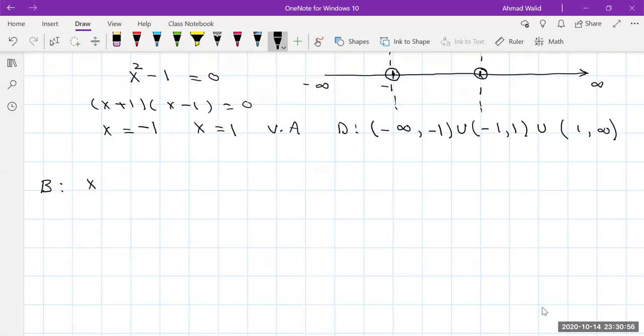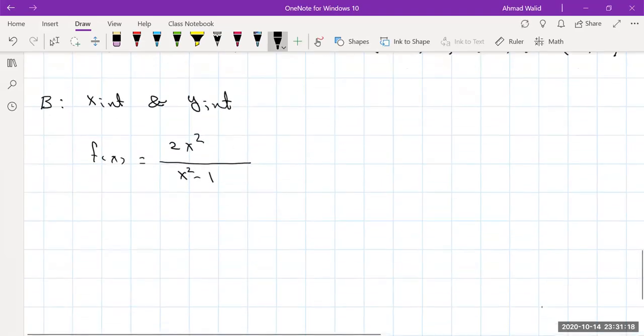Step B, or step 2. X-intercept and y-intercept. Let's first find the x-intercept. Your function is f of x or y, whatever. I'll write f of x. f of x equals 2x squared over x squared minus 1.